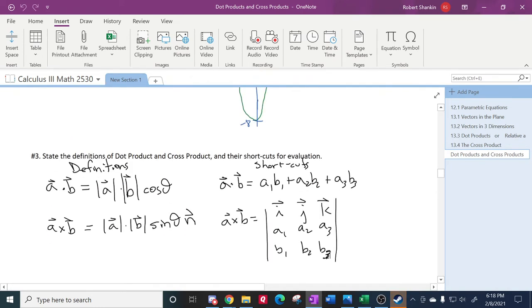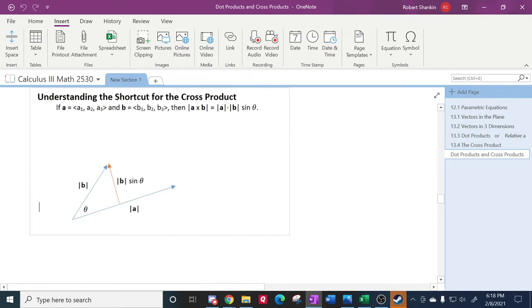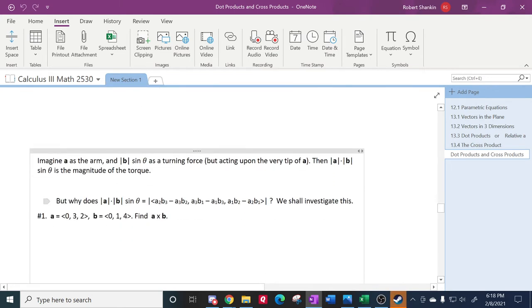This one up here is a quick, easy way to remember, because in A, in I, it's going to be A2B3 minus A3B2. Just remember that for a second. A2B3 minus A3B2. That's exactly what's showing up here. A2B3 minus A3B2.